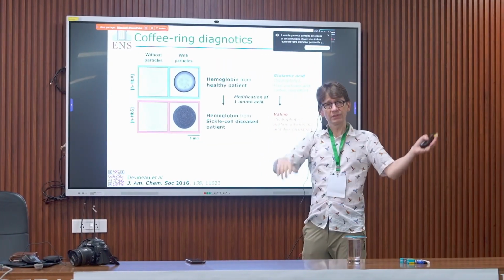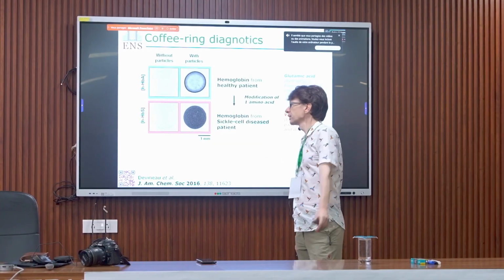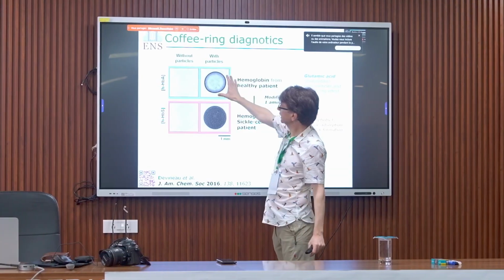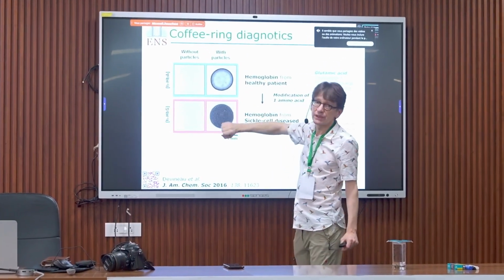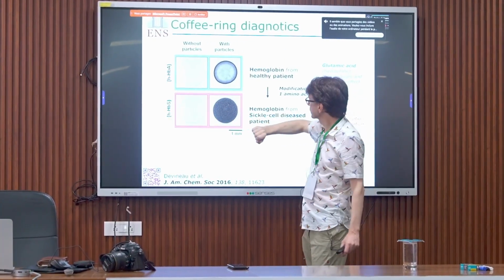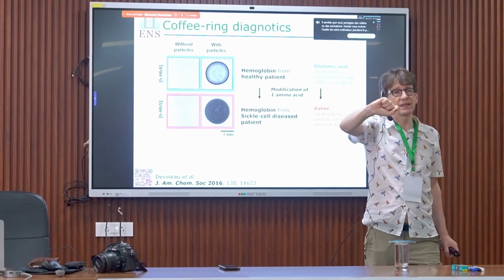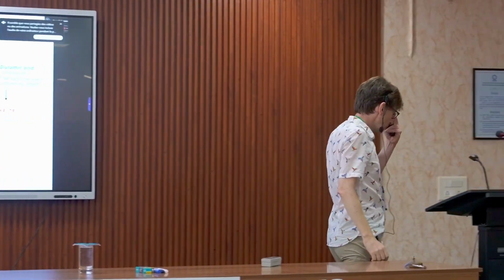with very many conditions, but you have some conditions where everything is fixed, concentration and so on. If the patient is healthy, you have the coffee-ring effect. And if the patient has the disease, you have a disc. Why do you have a disc? Because you have this mutation, you change one amino acid from hydrophilic to hydrophobic, and then my hemoglobin behaves as a surfactant.